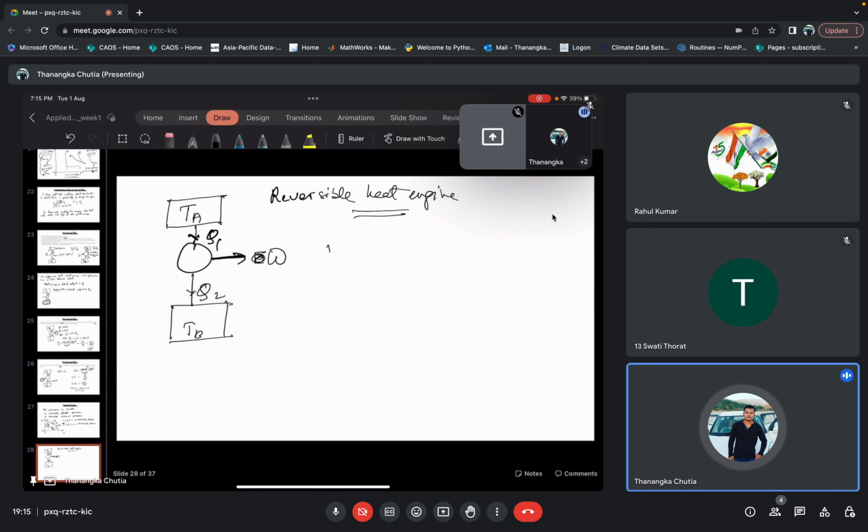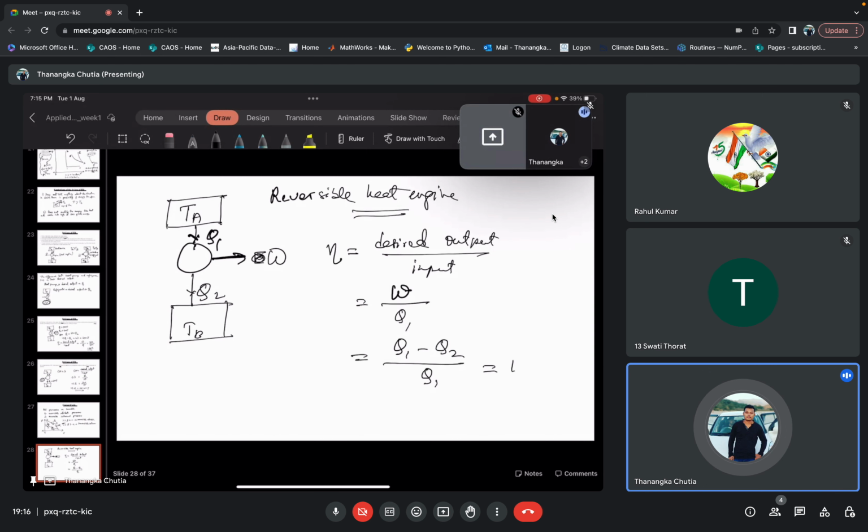Okay, so my efficiency formula will be what? We know efficiency is desired output by input. My desired output is W and my input is Q1, and this W I can write as Q1 minus Q2, over Q1, which is 1 minus Q2 by Q1. Now what happens if this heat engine is reversible, or you can say a Carnot heat engine?